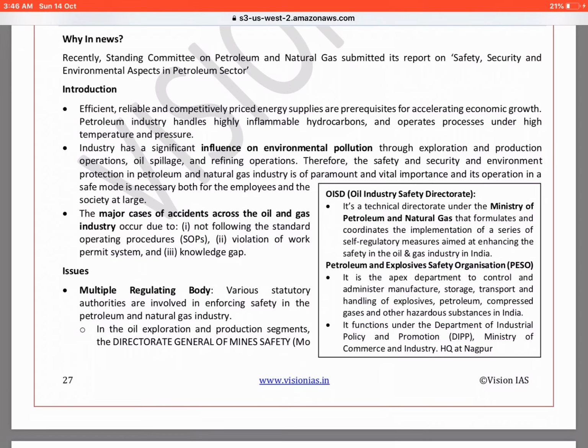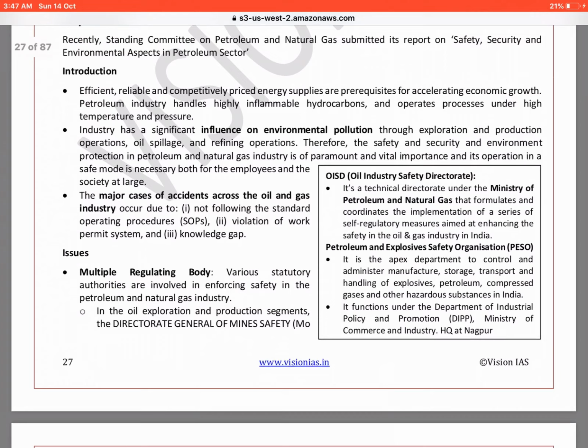You must have come across a blast in some industry unit. This occurs because people are not using standard operating procedures, are violating work permits, and do not have enough knowledge of operating the units. That is why such explosions occur.